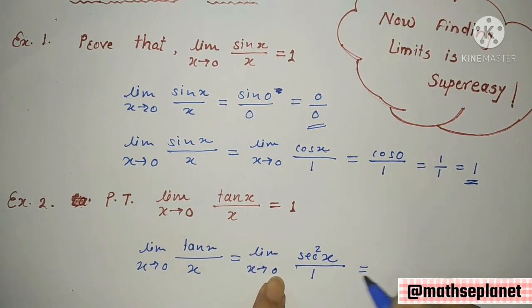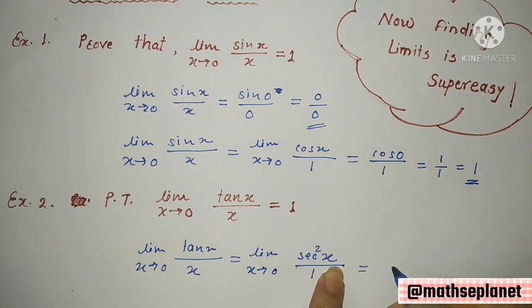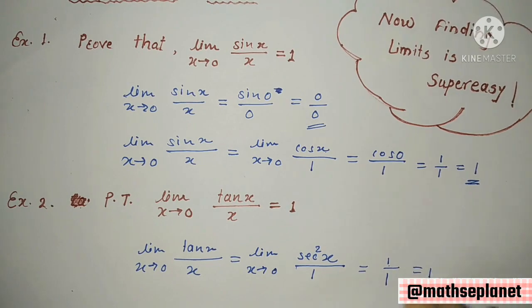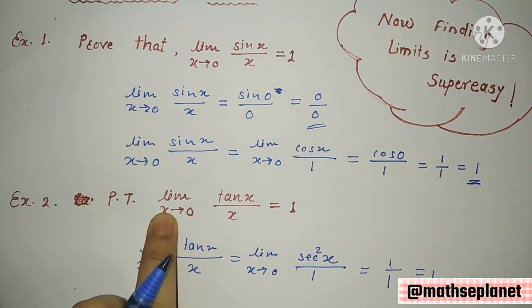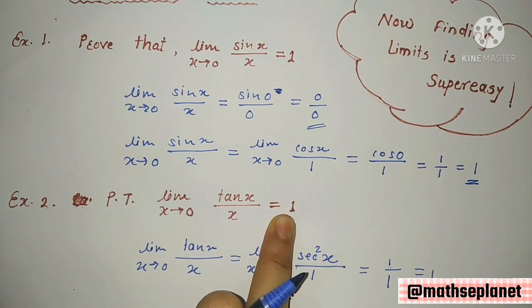Now we can put the value of x as 0. We know that sec 0 is 1. So 1 divided by 1 is 1, and so the value of limit x tends to 0 tan x divided by x is 1.